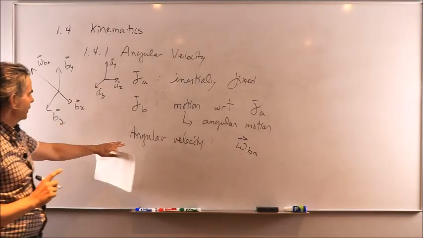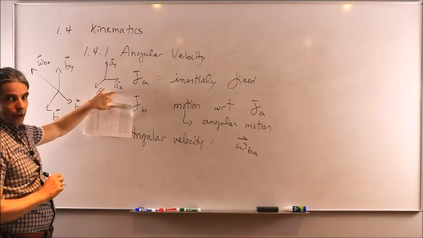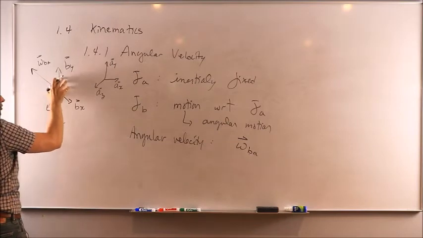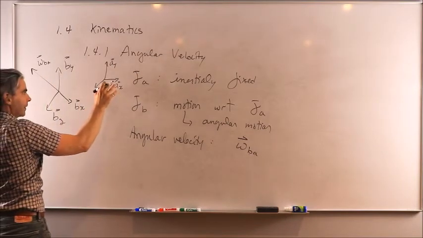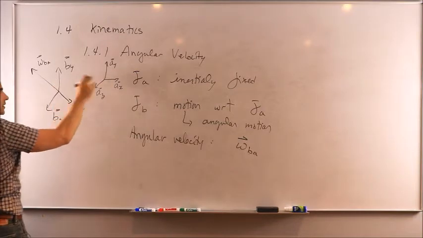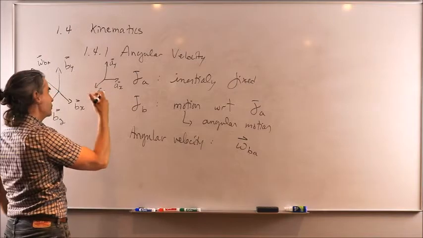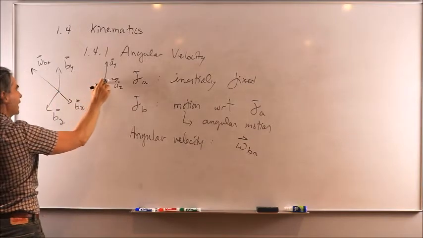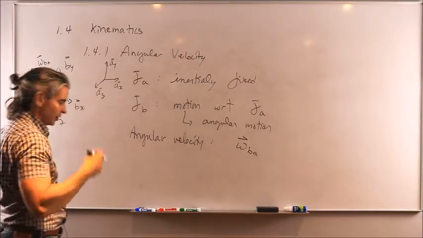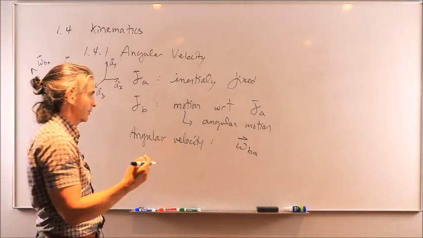So the motion here has to be seen from the inertial reference frame, okay? So if we say that B is in motion, it means that B is in motion with respect to A. But we can also say if we're sitting on B, we'll be seeing reference frame A moving around. So from that point of view, we can also say that A has a motion with respect to B, if B has a motion with respect to A. It just depends on which reference frame you happen to be sitting to observe the motion.